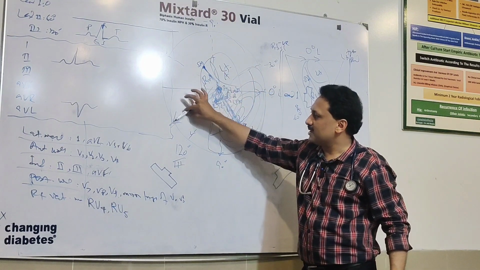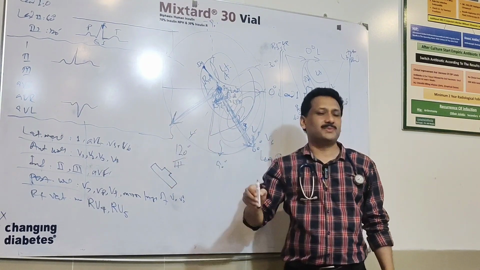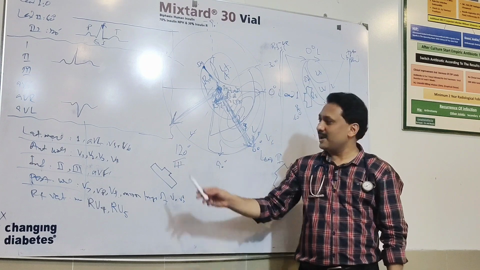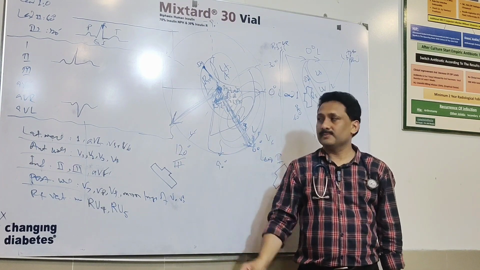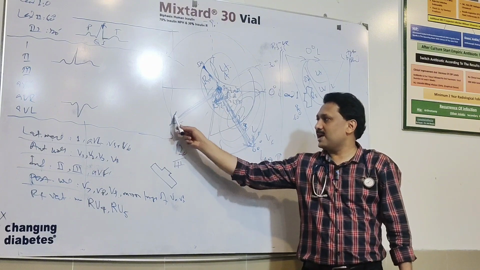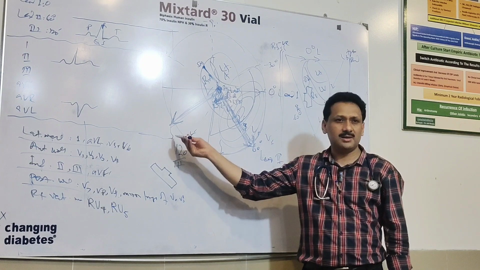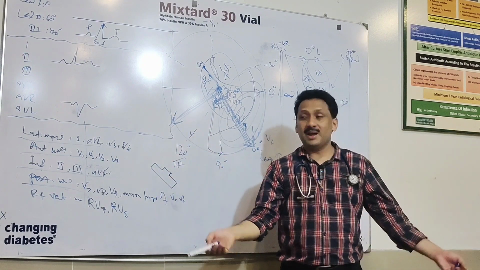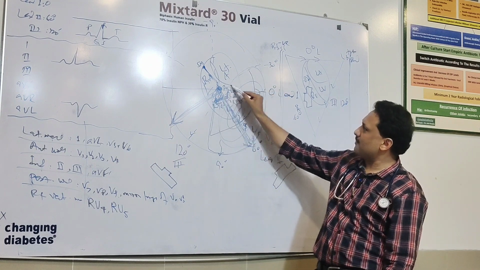Say in a person the axis has been changed and it is exactly directing towards this area. Now tell me in which lead the deflection will all be positive. If the axis has been directed towards lead number 3, 3 is here, no? So 3 will be all positive. And which will be negative? This one. Exactly, opposite to it.